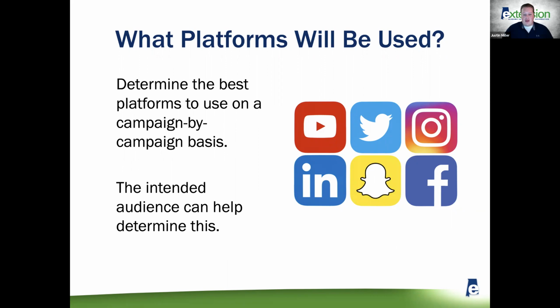Especially if you're going after a younger audience, like for us, for example, we know that Twitter is going to be our best platform to use for younger audiences, whereas Facebook is becoming more middle-aged and older populations. So knowing that ahead of time, and again, your intended audience is going to help a lot with the development of your campaign, because it bases a lot of this. So it is very important to go ahead and understand which platforms you're going to use.